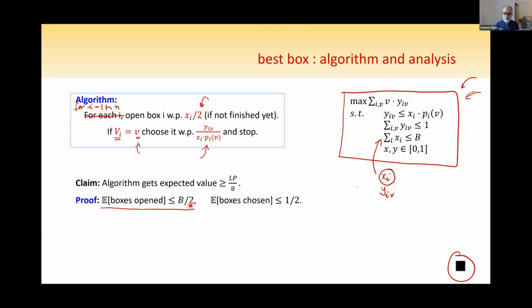How many things do I choose? My claim is that the expected number of boxes chosen is at most half because of this constraint. And maybe let me skip that for a moment. Suppose you believe these two claims.